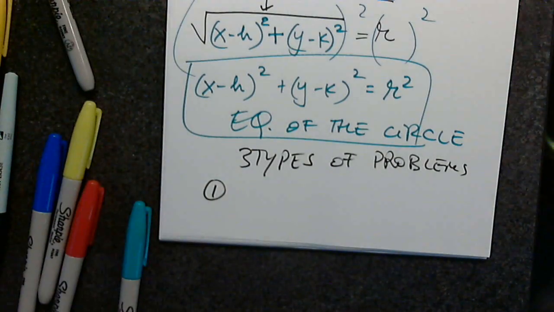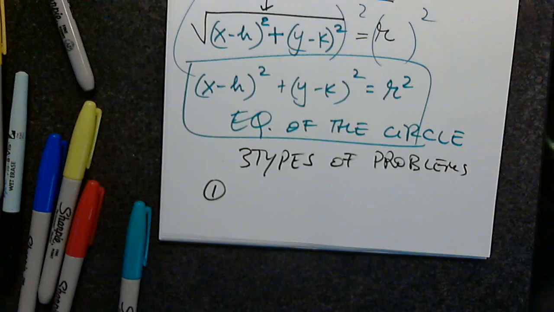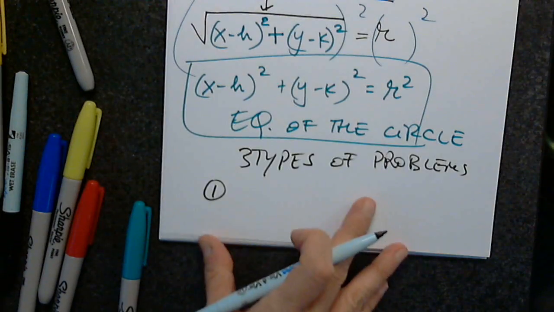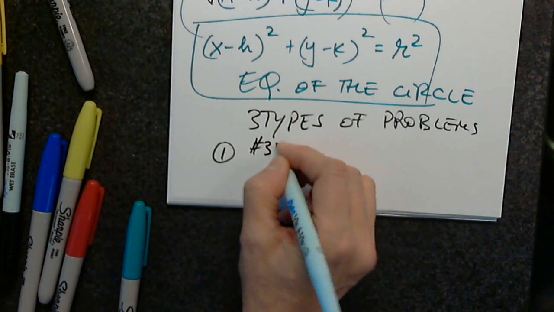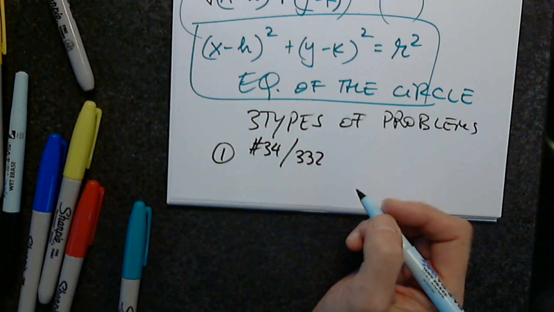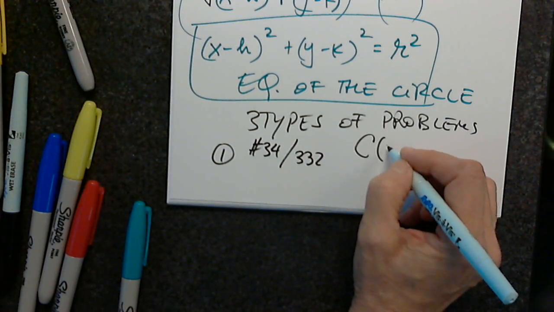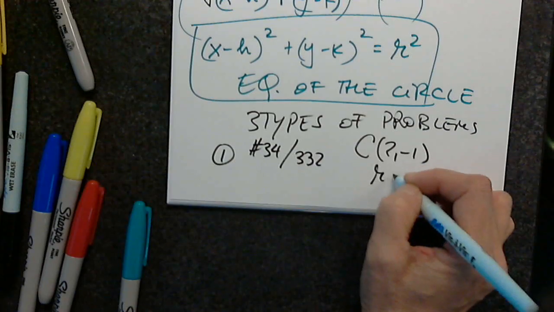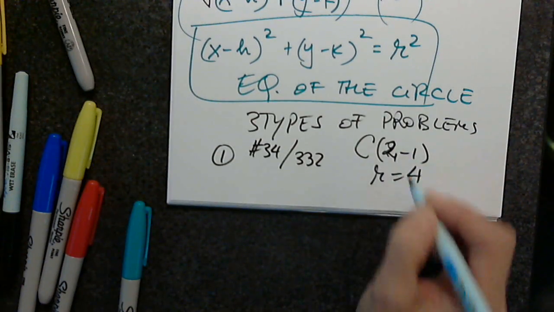Type number 1. And now I'm going to pick from your book. And this is the last section of chapter 2. Okay, we are asked in problem 34 on page 332, forgive me. The center is given as (2, -1), and the radius is 4.